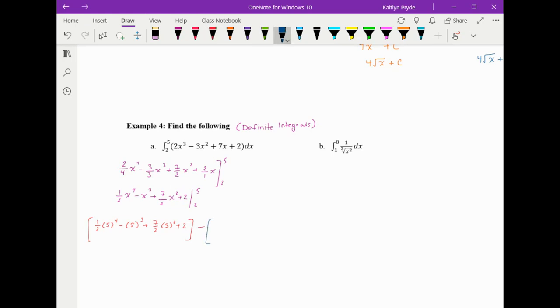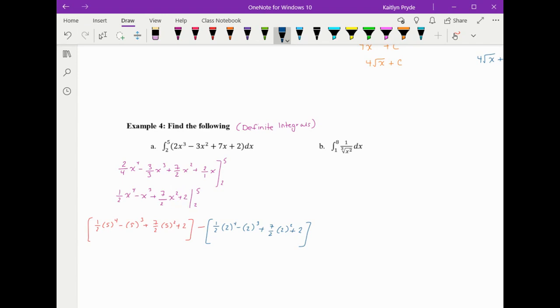So I end up here with 1/2 times 2 to the 4th minus 2 cubed plus 7 all over 2 times 2 squared plus 2, and then we'll close that bracket off. So now I'll get my trusty dandy calculator out, and I'll do my left-hand side, and then I'll subtract it from my right-hand side.